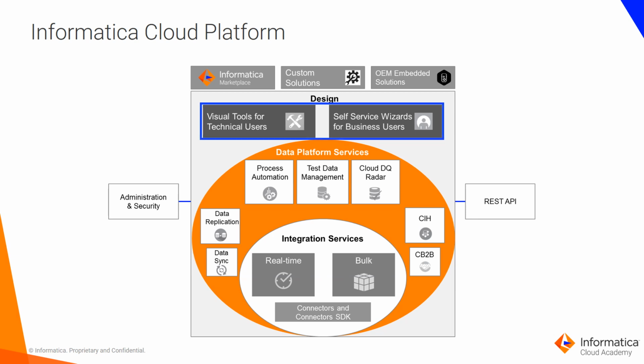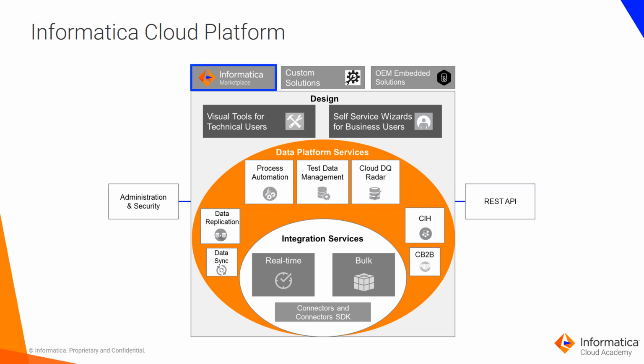We encompass all these abilities using visual tools for technical users and self-service wizards for business users. While encompassing and keeping data governance in mind, we ensure that administration and security are seamless across the board. We also expose the data set using REST API. You can utilize reusable codes from Informatica Marketplace and can also use custom solutions built by Informatica or by our partners. You can also use OEM embedded solutions.